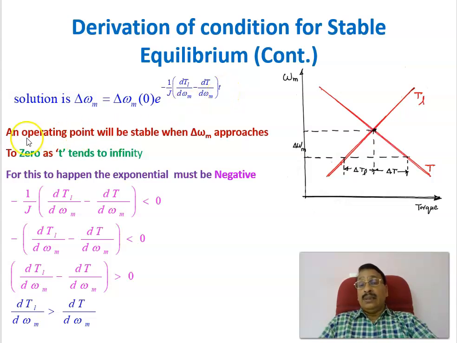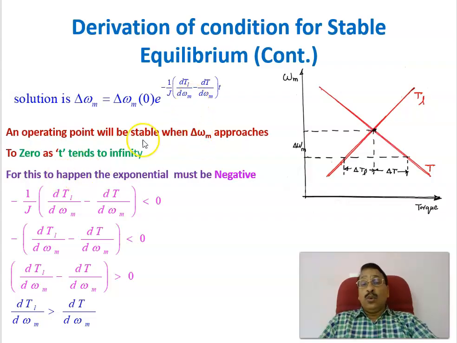time t. An operating point will be stable when delta omega m approaches 0 as time t tends to infinity. As time t tends to infinity, if delta omega m approaches 0, then we call this operating point stable.